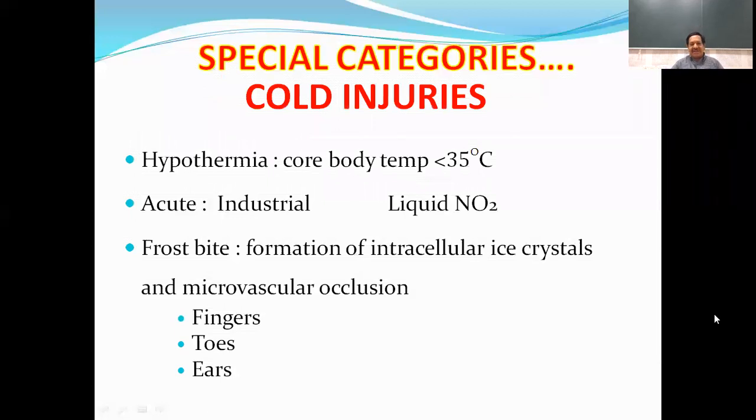Now, cold injuries. Hypothermia is defined as core body temperature less than 35 degrees Celsius. It can be acute, commonly happens in industries, mostly liquid nitrogen, or it may be frostbite, not a problem at least in our part of the country, may occur in maybe North India, or common in Western countries.